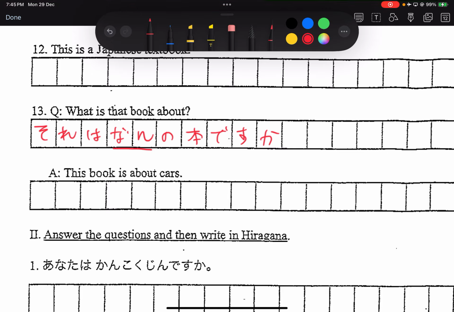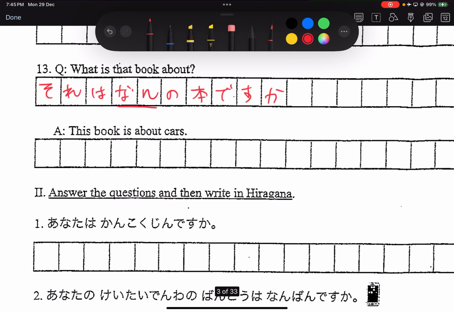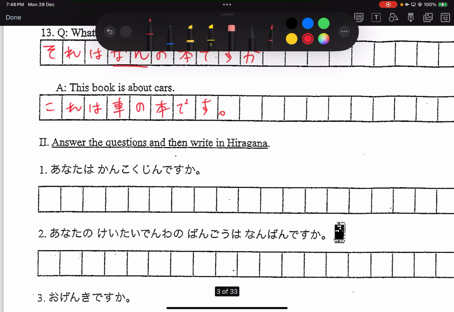Then if you can use それ, you need to repeat the 本 only once. Okay, next, this book is about car. これは車の本です。 Very good. Okay, answer the question, then write in hiragana.